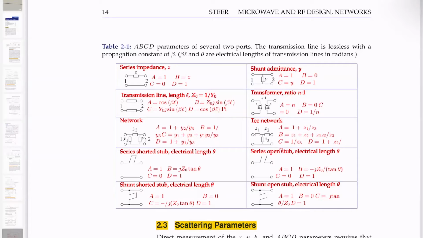Theta is beta times D, where beta is 2 pi over lambda and D is the length of the stub. This theta here, this theta down here, and this theta here are all beta times D. Okay, I just want to clarify. Thank you.